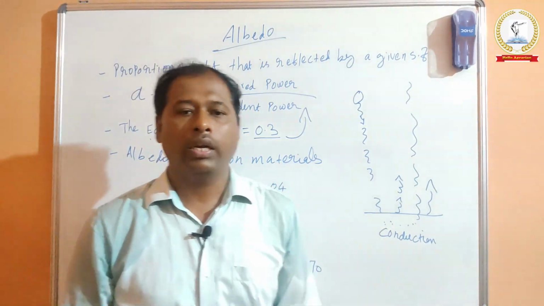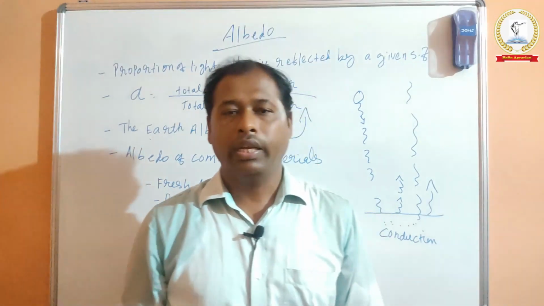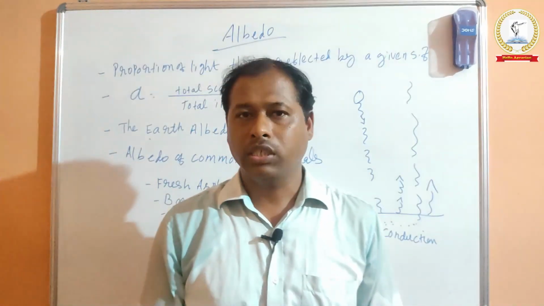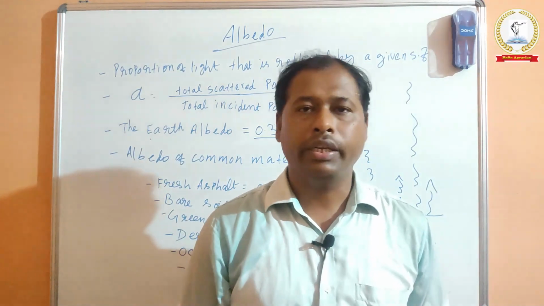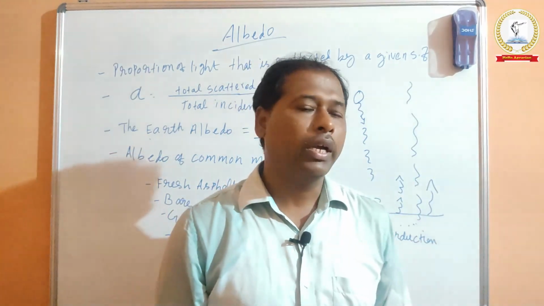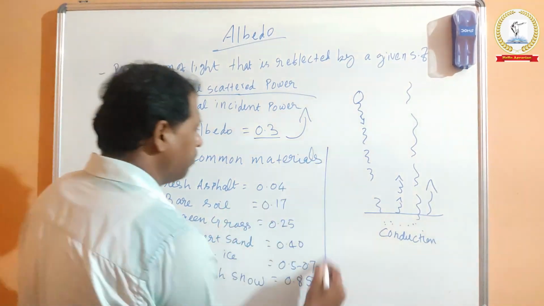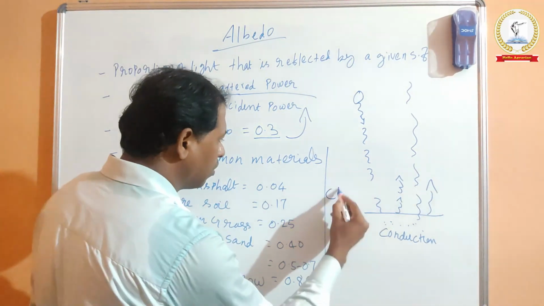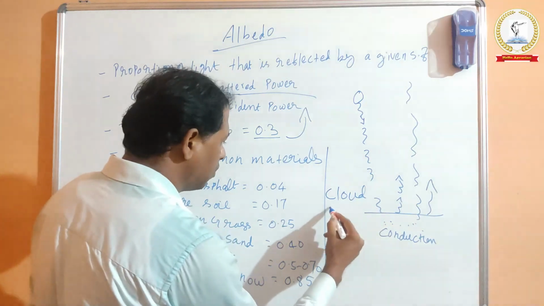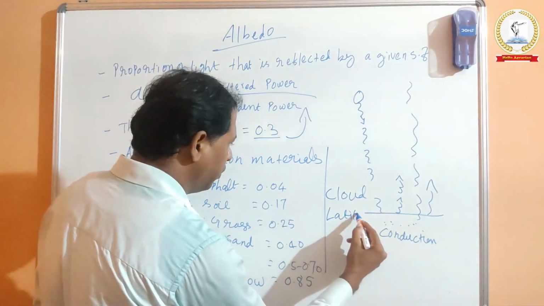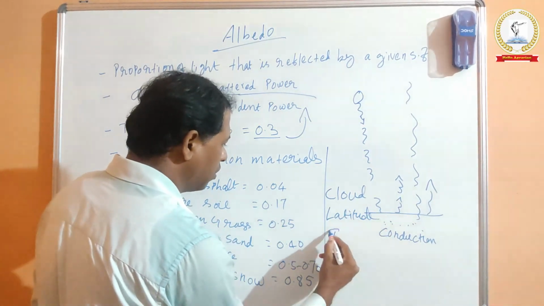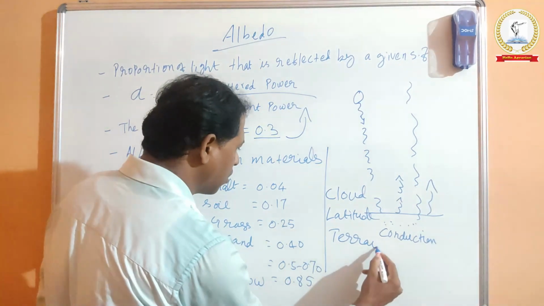The earth albedo varies daily and depends on various factors like latitude, cloudiness and terrain influence.